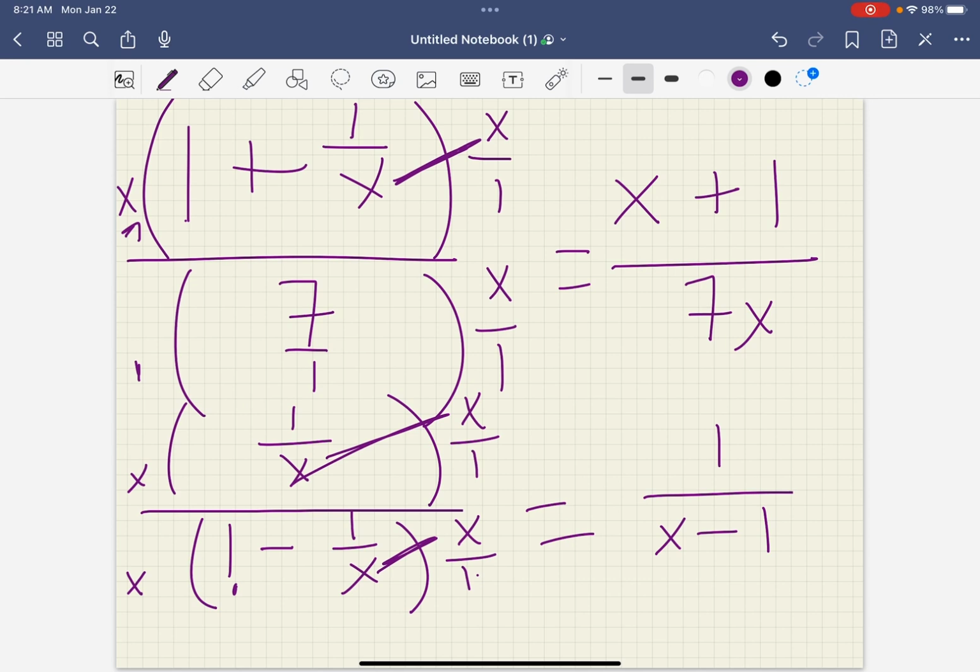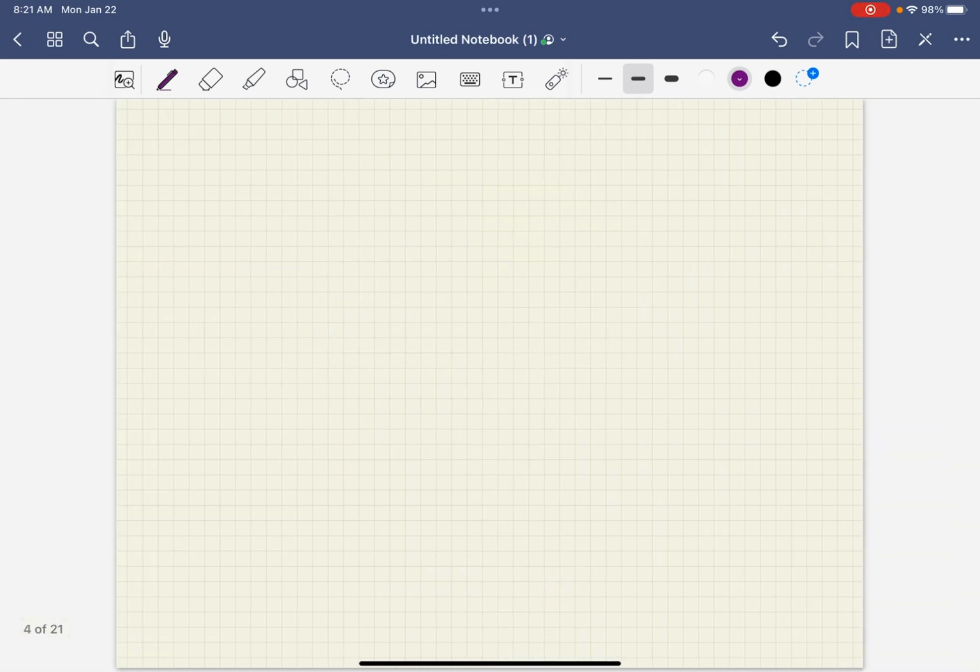Okay, so I think we have a couple more of these. Let's see. Yes, on the next page we have, let's come here. A over b. Can't see. A over b plus 1, divided by x over b plus 4.